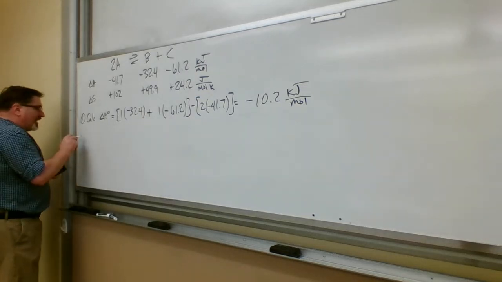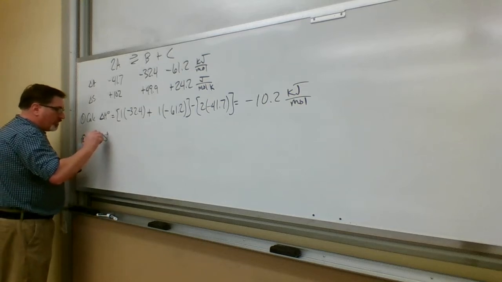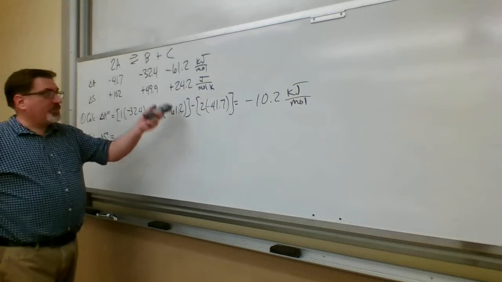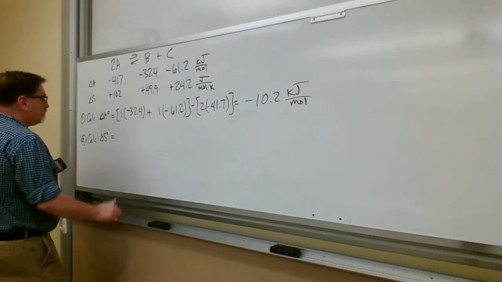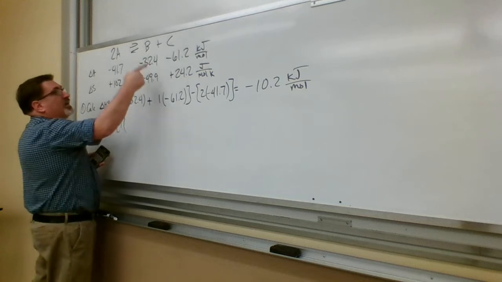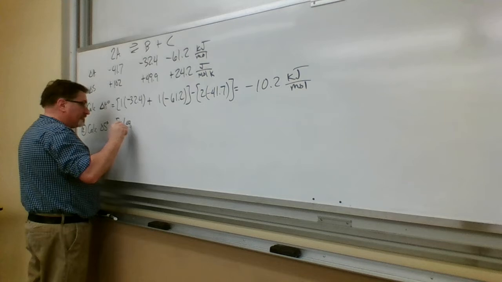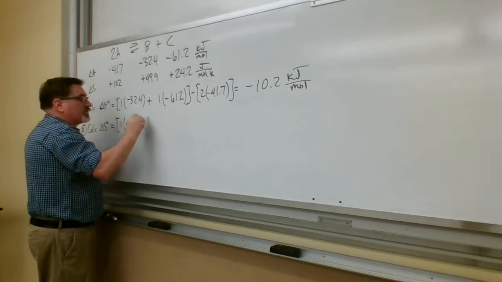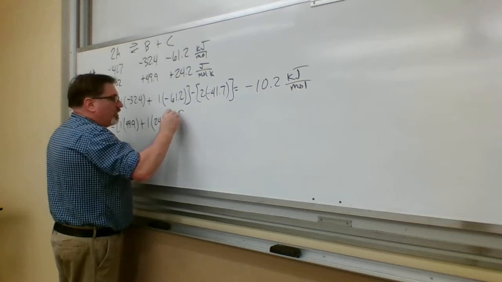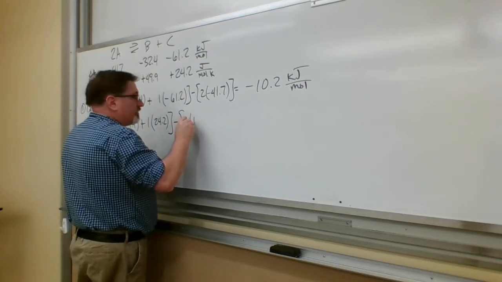Then we do delta S. So step 2, calculate standard entropy change. Same setup, different row of numbers. Okay? So we have 1 times 49.9 plus 1 times 24.2, all of that minus 2 times 102.